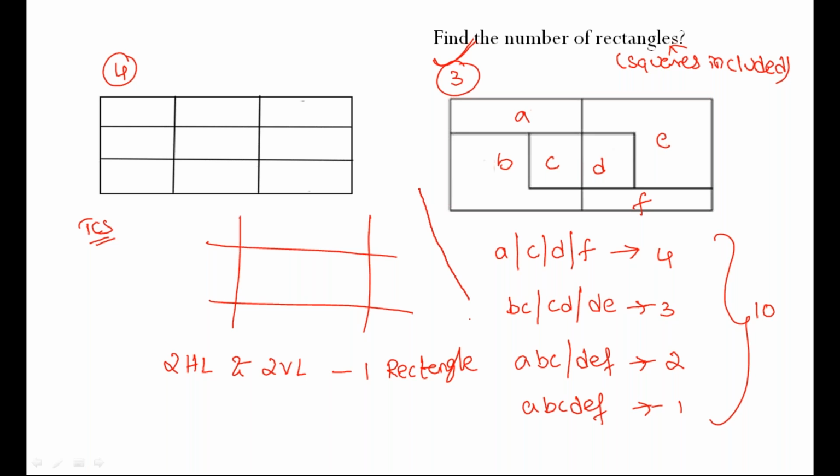To form one rectangle, you need 2 horizontal lines and 2 vertical lines. Now let me know, in this 4th diagram, how many horizontal lines are there? How many vertical lines are available?